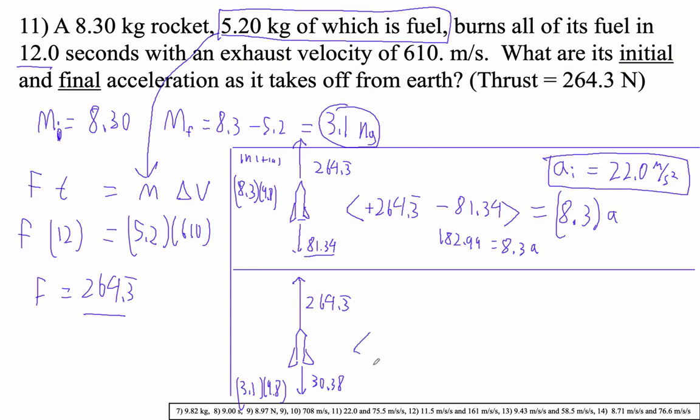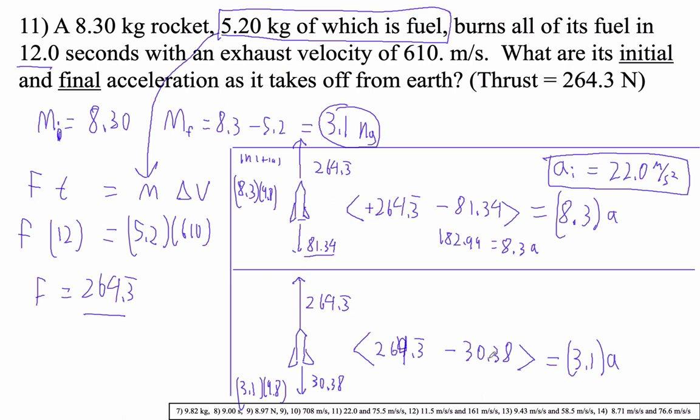All right, and then we set this up. The only thing that changes is the mass; the thrust stays the same. So 264.3 N, that's a 4, even though it tried to switch teams and turn into a 9, minus the force of gravity, 30.38, equals 3.1 times a.